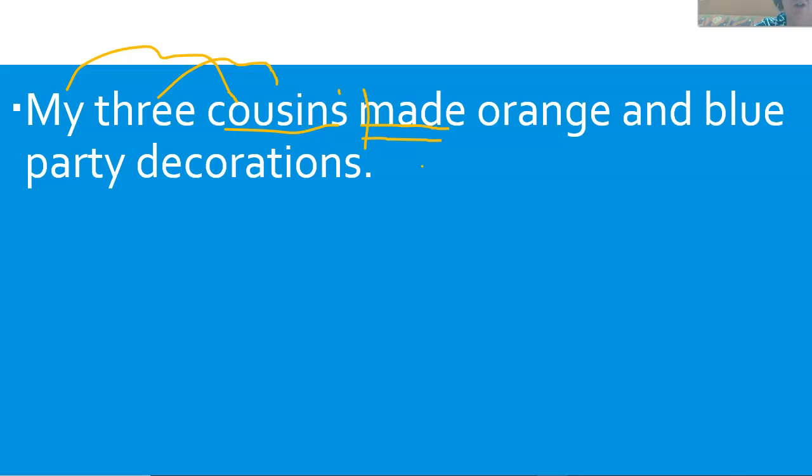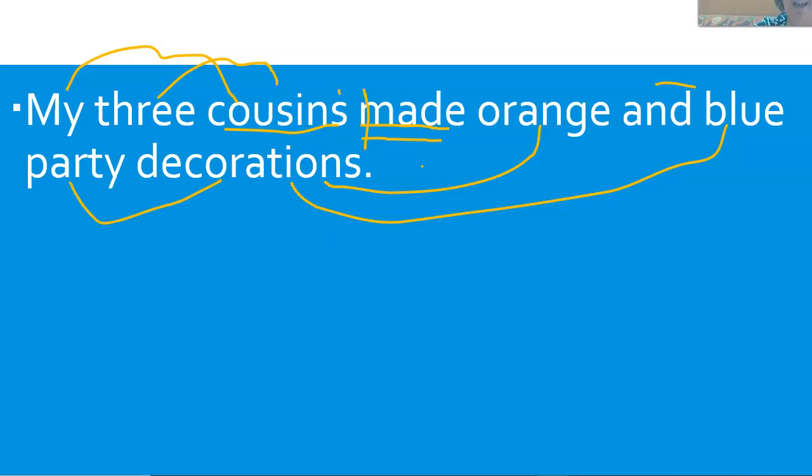Orange would be an adjective describing decorations. Blue would be an adjective describing decorations. Party would be an adjective describing decorations. And is a conjunction. Now, let's talk about parts of speech.